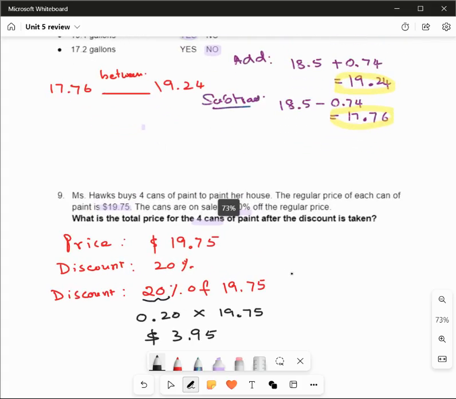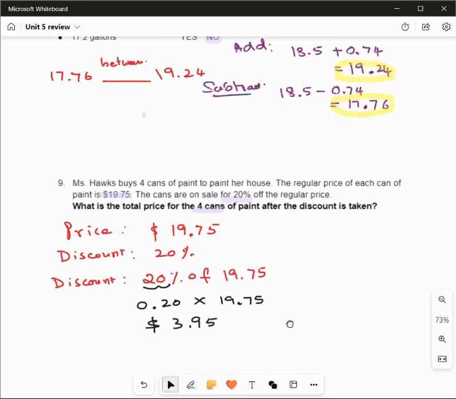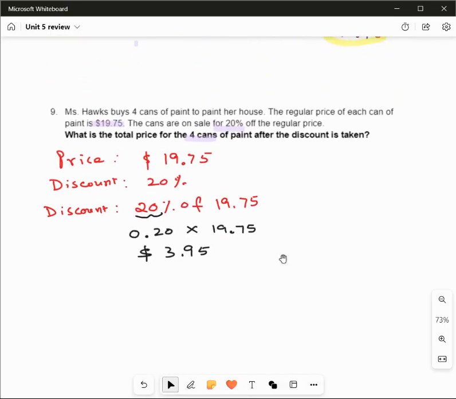What we're going to do next is find the actual price. So we subtract it from 19.75, so that way you can get the actual price. So how much do you pay? The total price after discount.